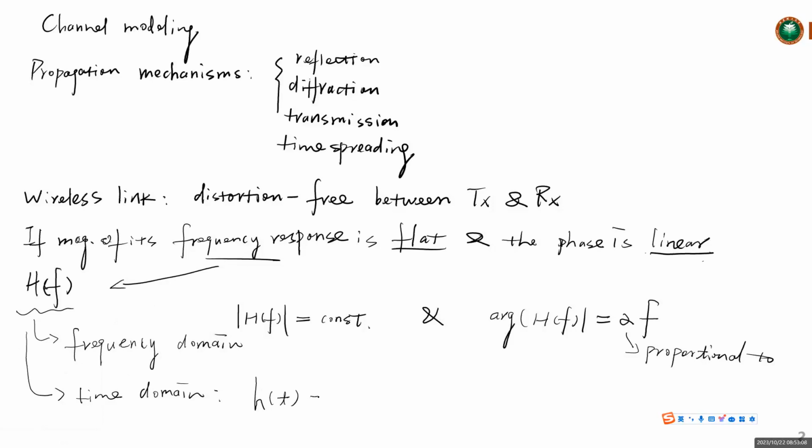It can be expressed as the amplitude A times the exponential part, e to the minus j psi, where psi is the phase component. In the time domain it is an impulse response, so there is a delta function.